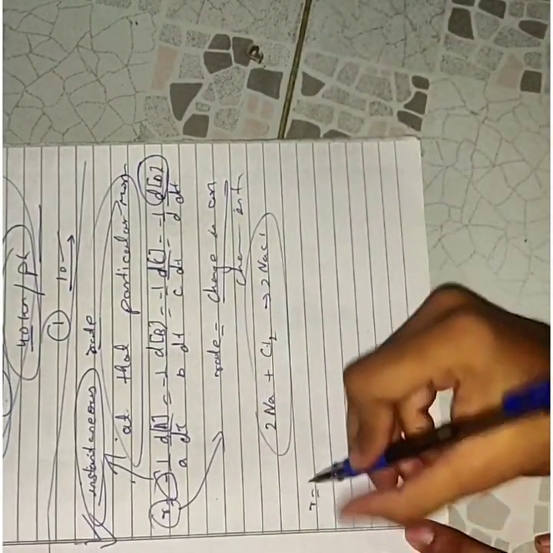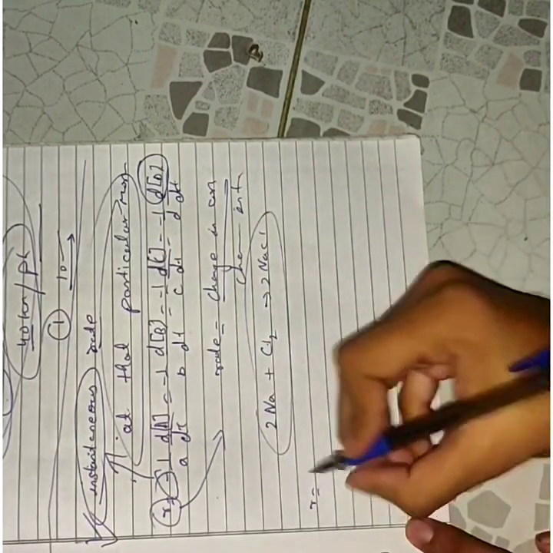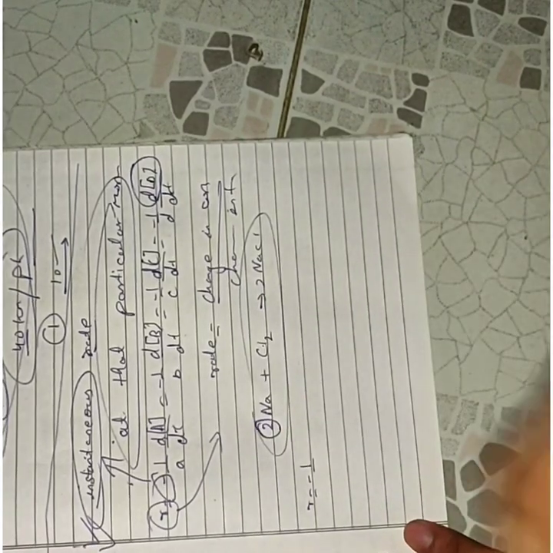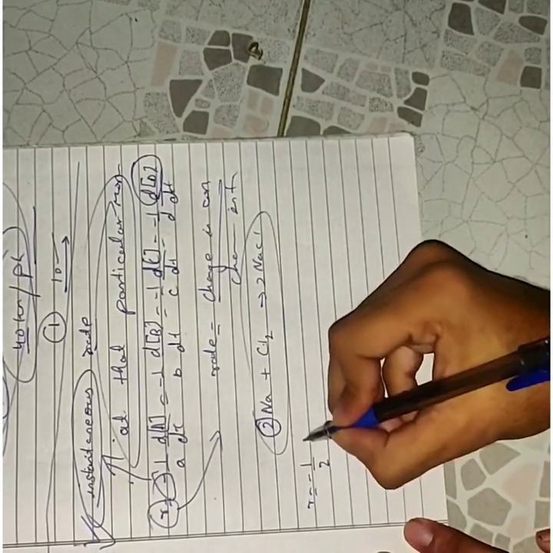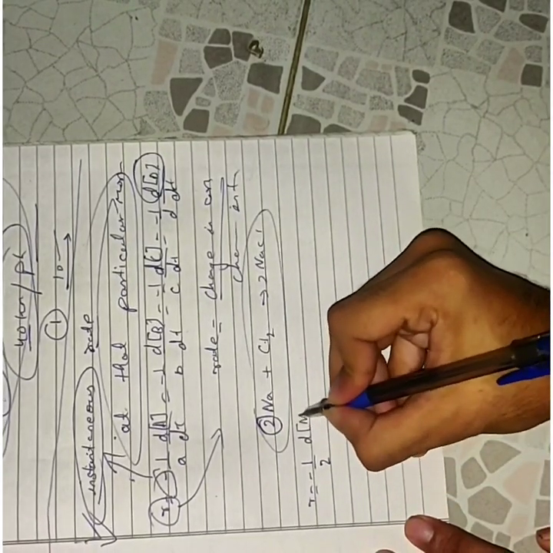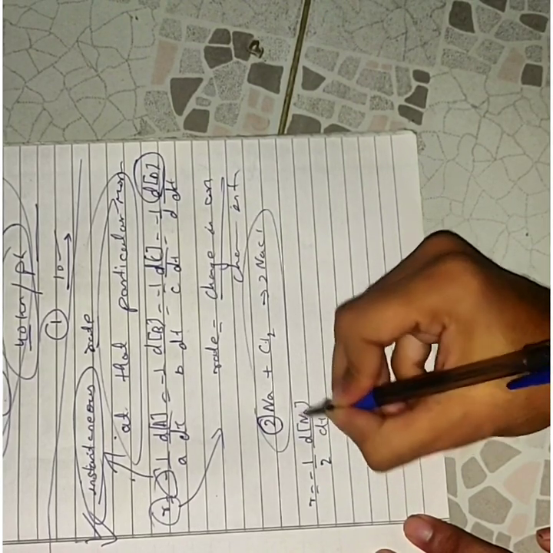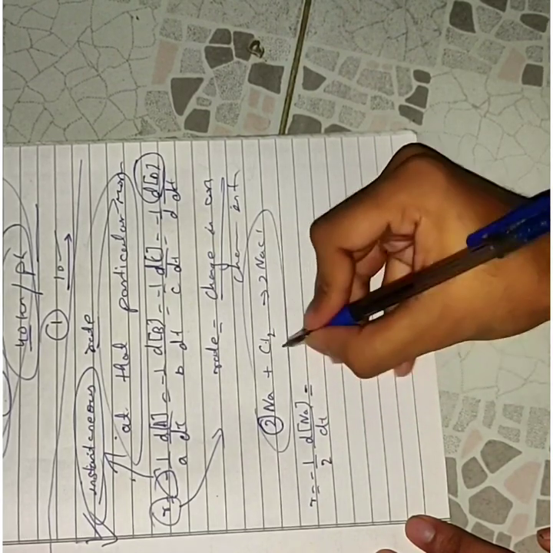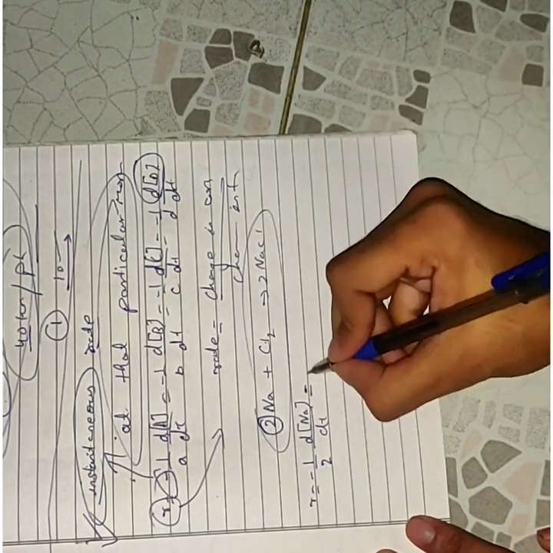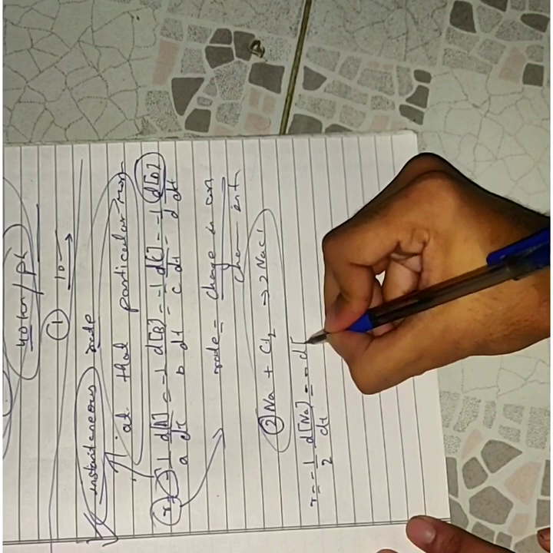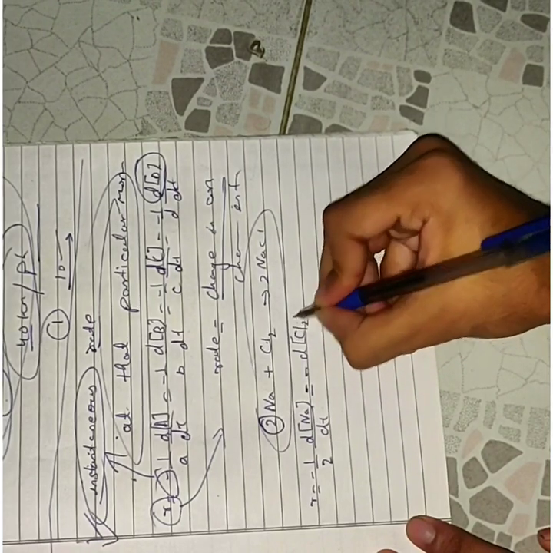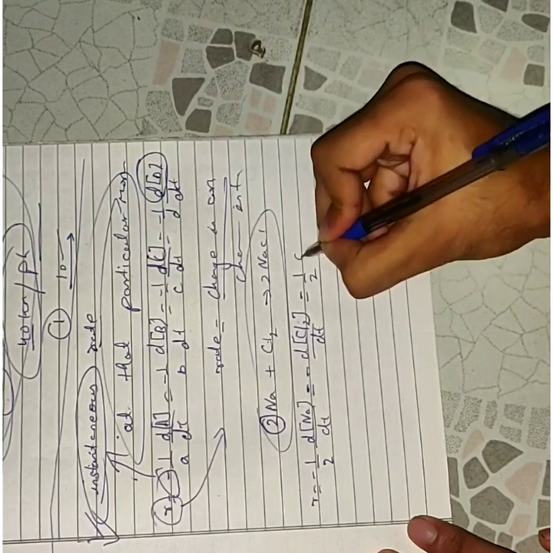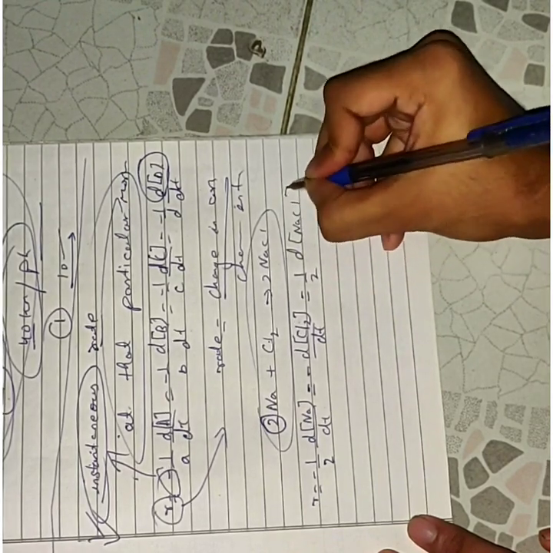For this reaction, R will be given by R is equal to minus 1 upon 2 d of Na by dt, that is change in concentration of sodium upon change in time, since the coefficient is 2, so we divide by 2. This can also be equal to, there is no coefficient, so it's 1 upon 1, that makes 1, minus d of Cl2 by dt, which is also equal to 1 upon 2 d of NaCl by dt.